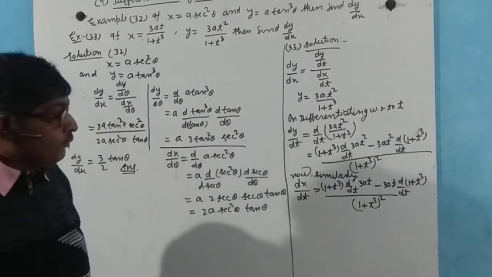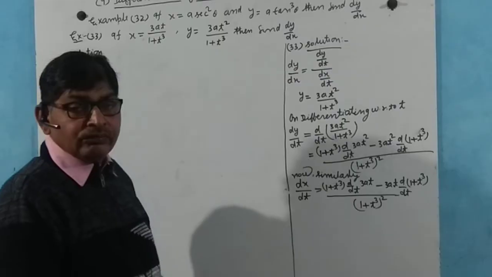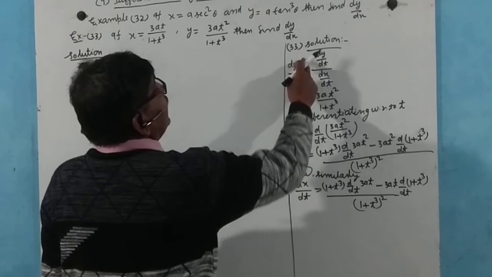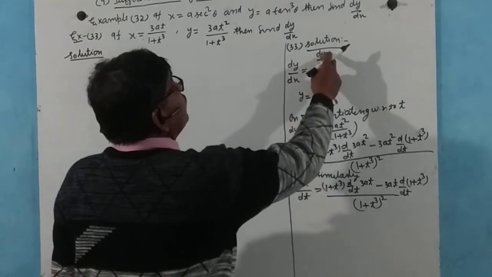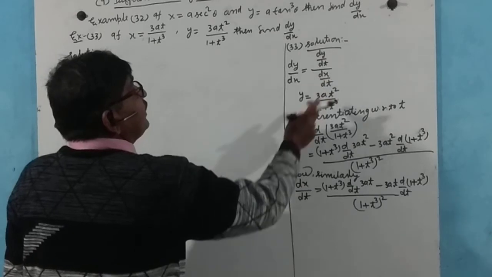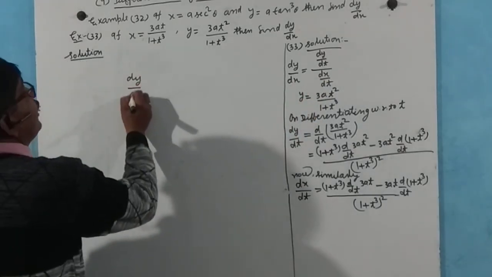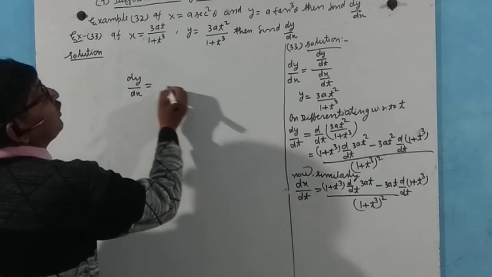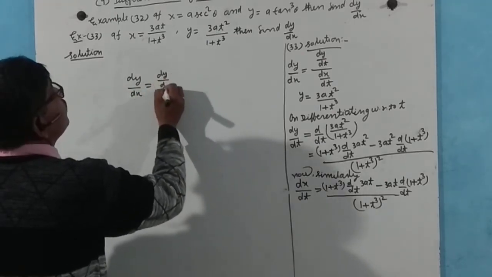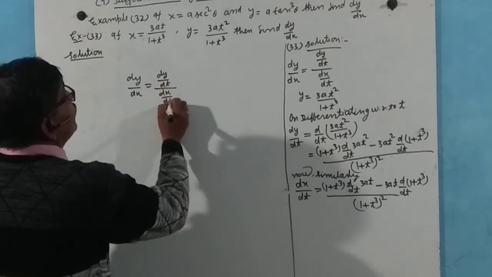Now in this case dy by dx is equal to dy by dt divided by dx by dt.